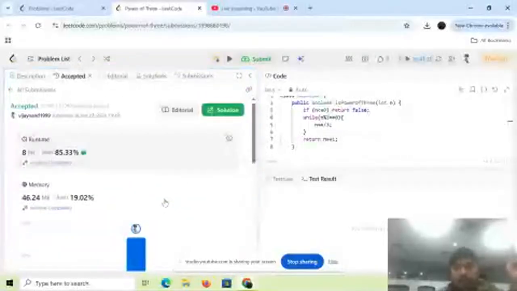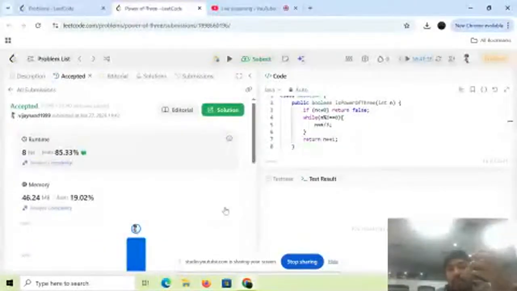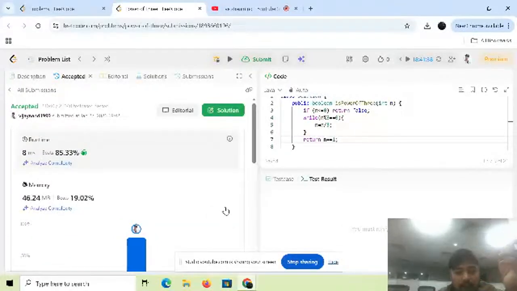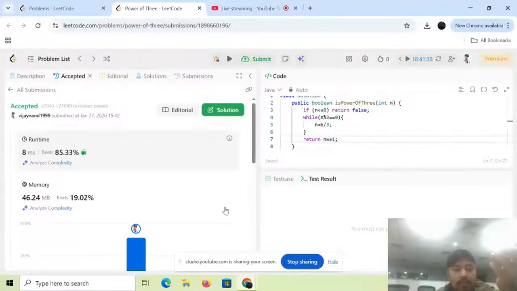Yeah, done. So the time complexity will be O of log base 3 of n, because we have divided by 3, right? That's why the time complexity will be O of log base 3 of n, and the space complexity will be O of 1 because we haven't taken any extra space. Here I used a normal iterative division approach.